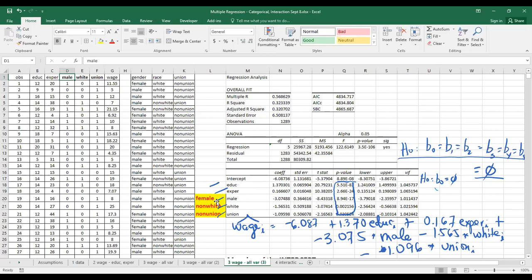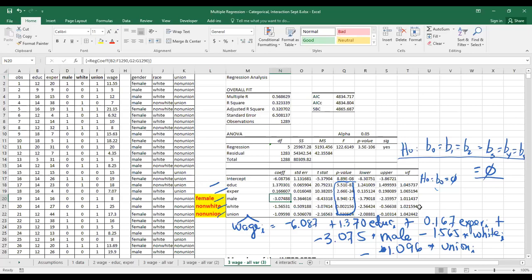Ang ibig sabihin nito, yung mga females daw, on the average, receive $3.07 less. Bakit less? Kasi negative siya. Than their male counterparts. Okay, so take note when we now are interpreting the coefficients, we compare whatever the coefficient is to the benchmark.